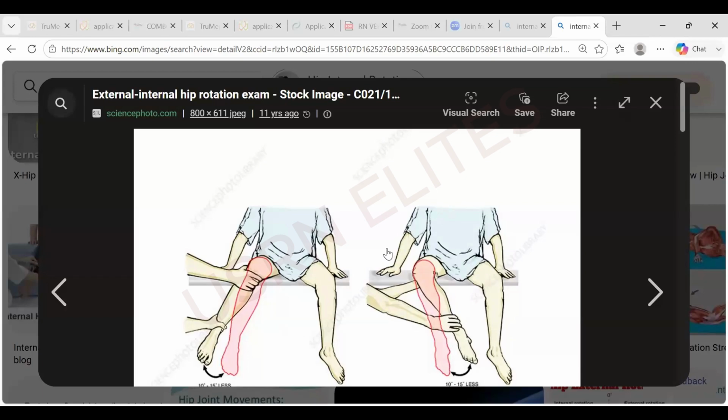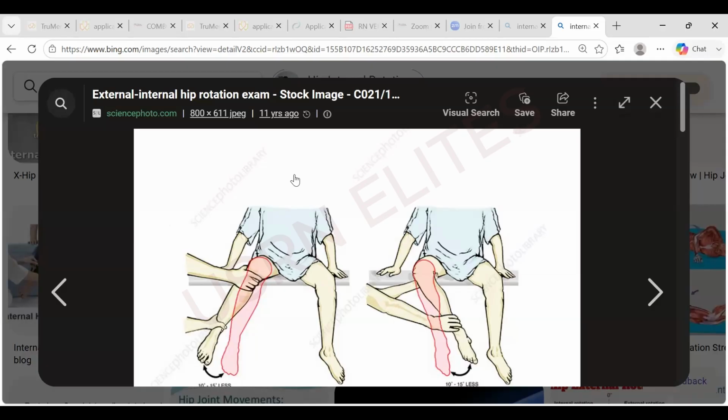So if we have internal rotation, we are going to have a posterior dislocation. And if you have external rotation, you are going to have anterior dislocation. Is it understood?